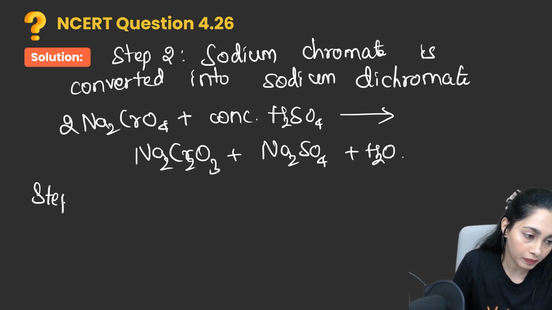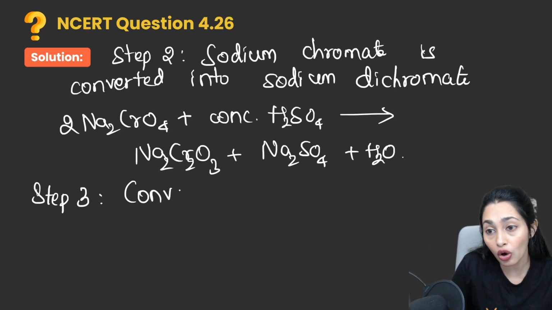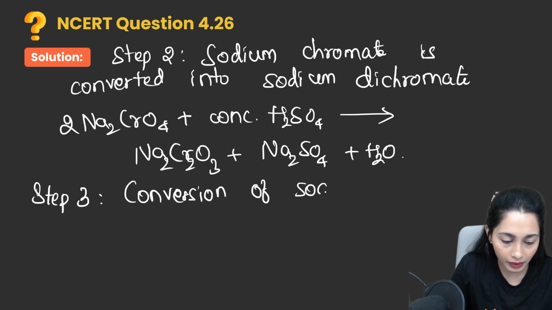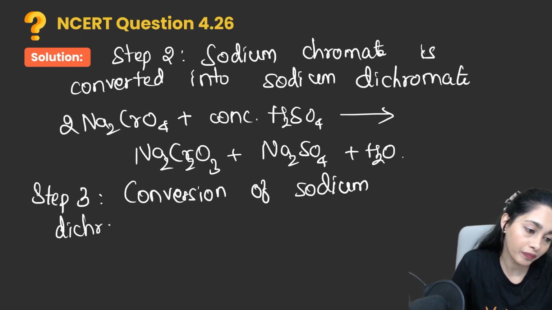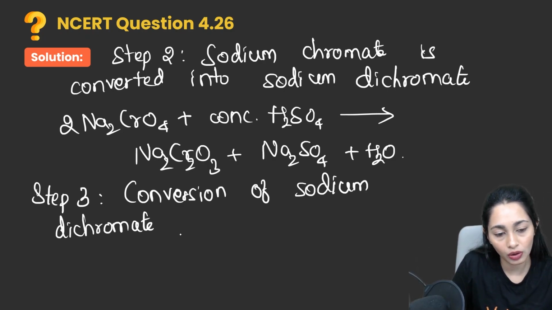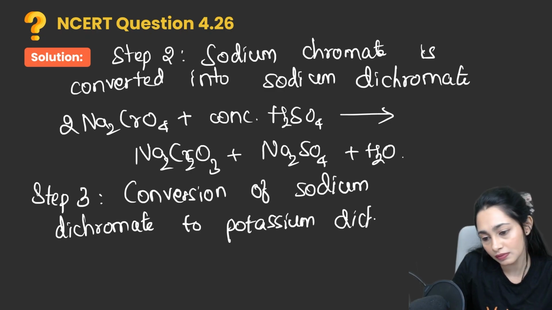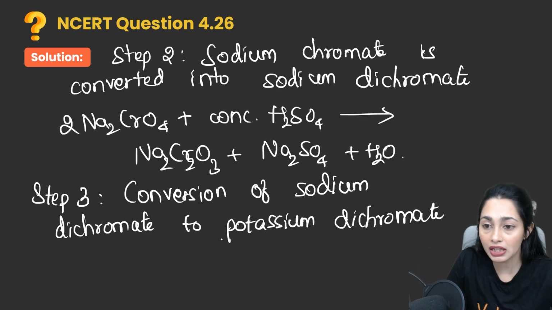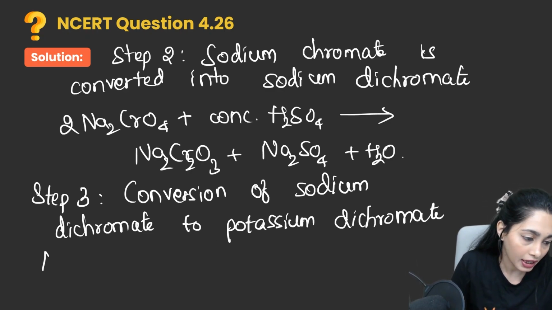Now step 3. What is step 3? So conversion of this sodium dichromate to potassium dichromate. How do we do that? We are going to make sodium dichromate react with potassium chloride.